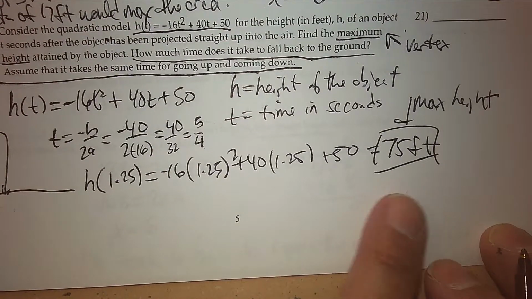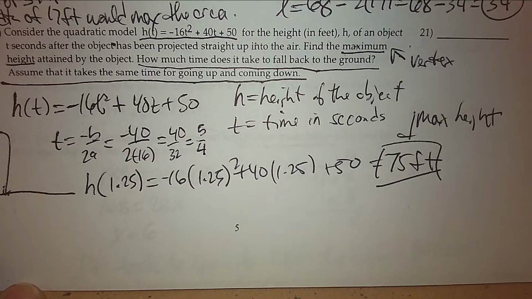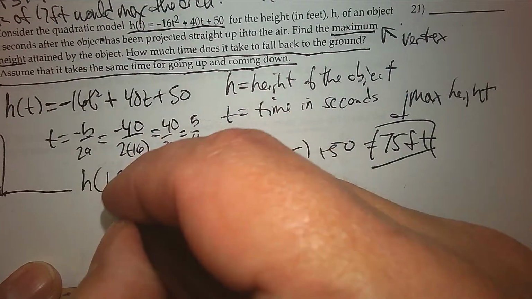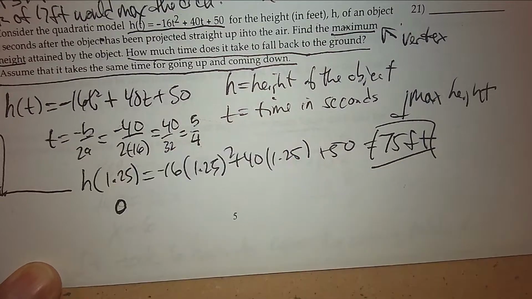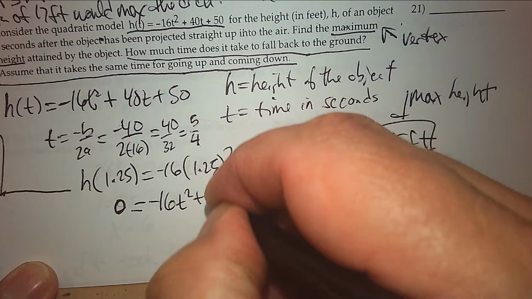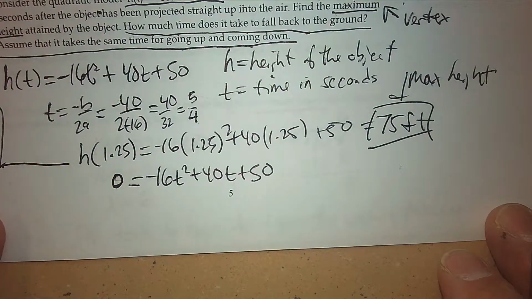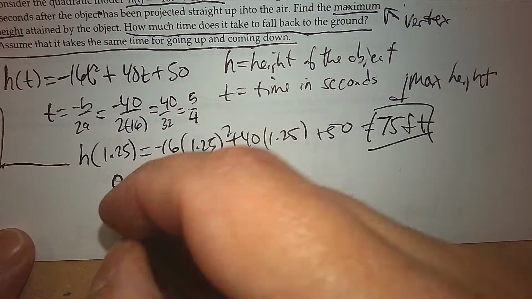The second part is, how much time does it take to fall to the ground? Well, if it falls to the ground, what's the height of the object on the ground? So I take the equation and make it equal to 0 and solve it. So I don't know if it's factorable.